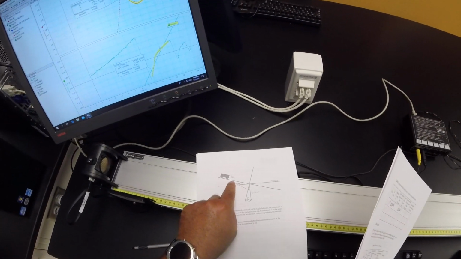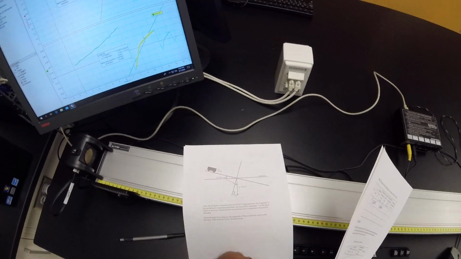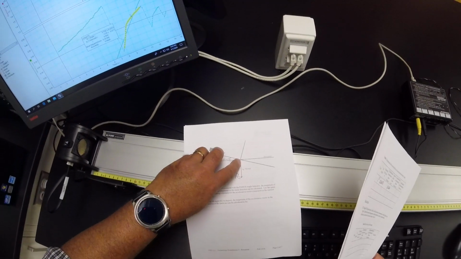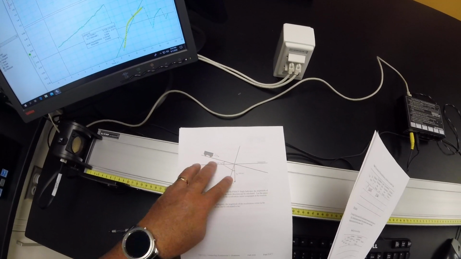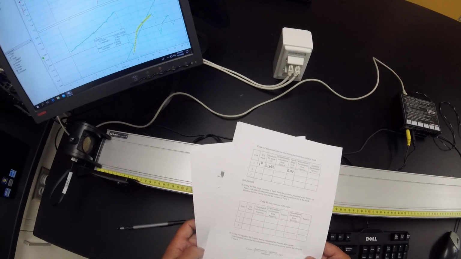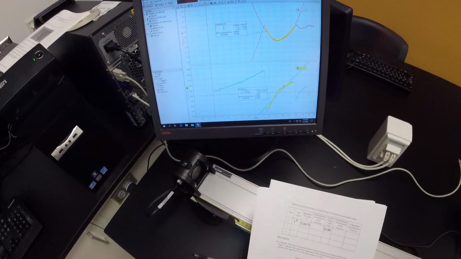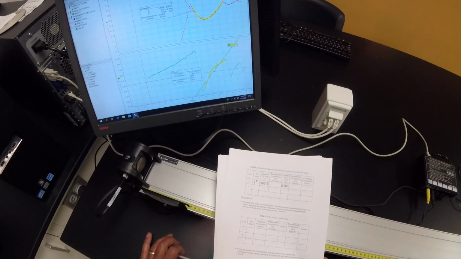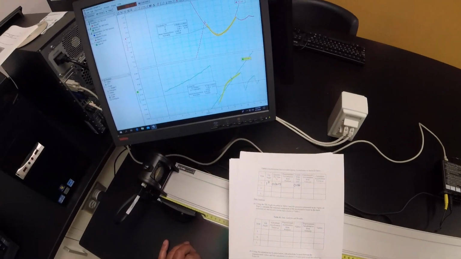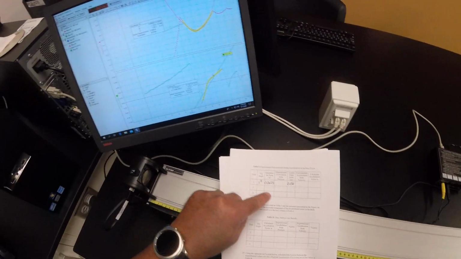What does our theory suggest how fast this should be accelerating, if this happens to be the acceleration due to gravity, and now we have this small component along the track? That's the experiment. That's not too bad. We just need to do the experiment 2 more times at 2 different tilt angles.